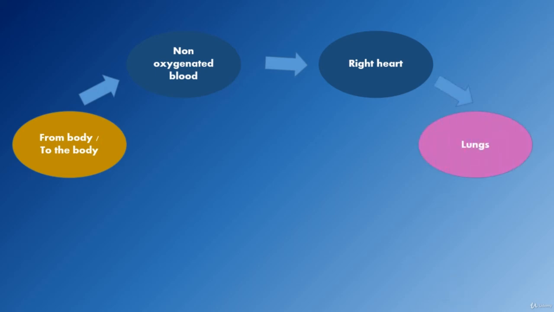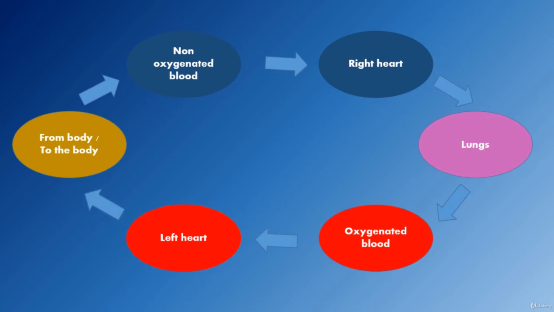Those lungs are characterized by alveoli through which we will have an exchange of the oxygen and the carbon dioxide with the outside air, and therefore we will have oxygenated blood. This oxygenated blood will rejoin the left heart, then will be ejected again into the organism through the aorta.